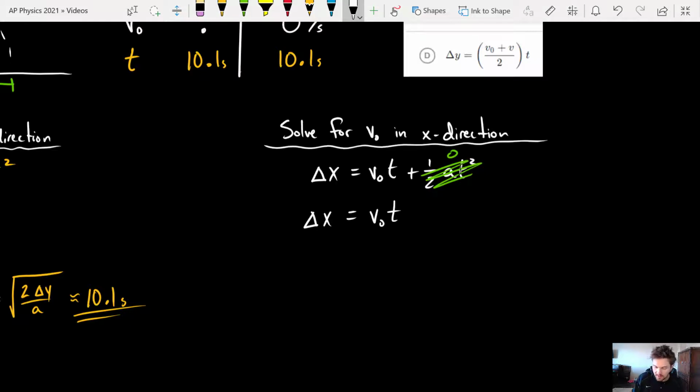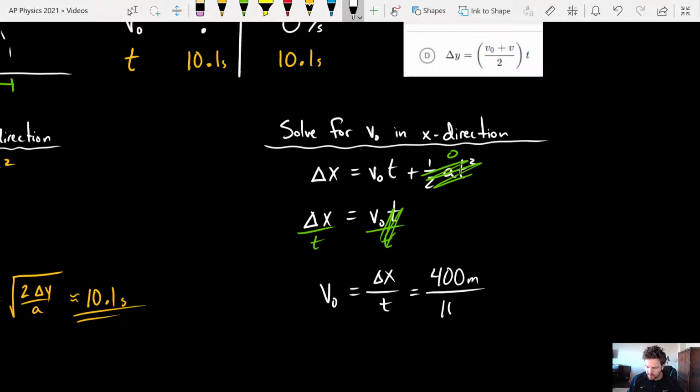I'm trying to get that initial velocity by itself, so divide both sides by the t. And we're left with that initial velocity is delta x displacement over time. Well, we know the thing went 400 meters in about 10.1 seconds.